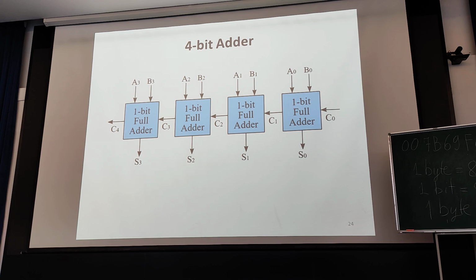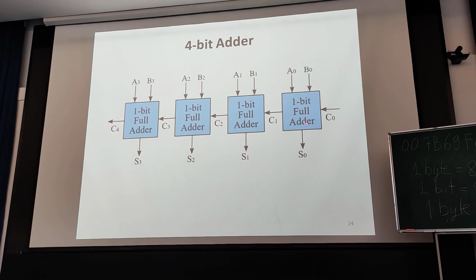Even if we have used 4 calculators, it does not improve the speed, right? Because this adder has to wait for the output of the first adder. The calculation happens in sequence, and this is not effective.